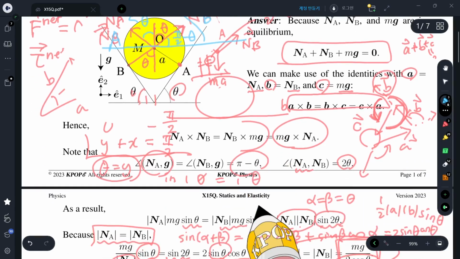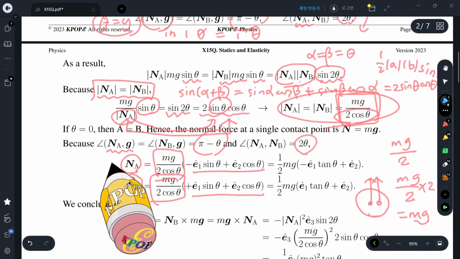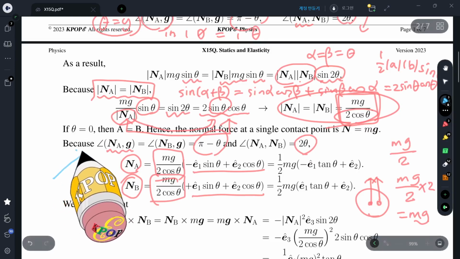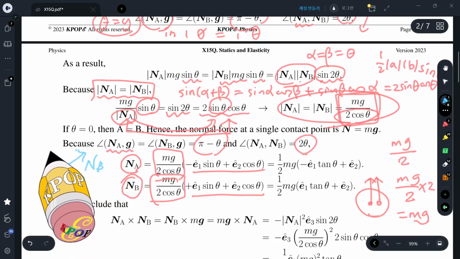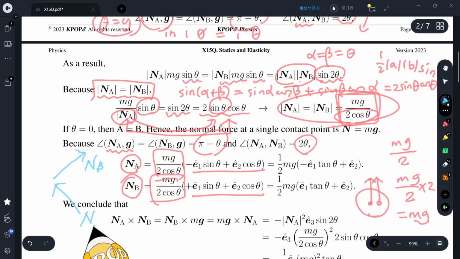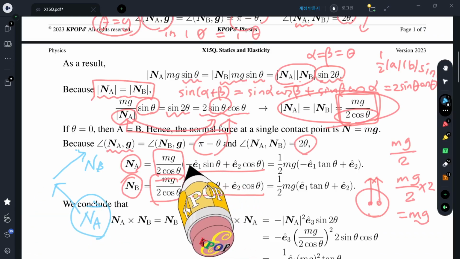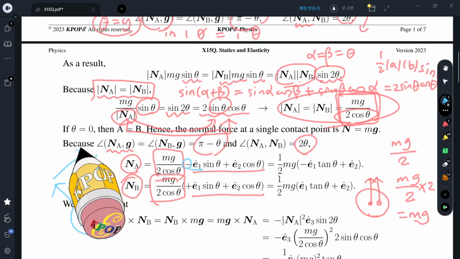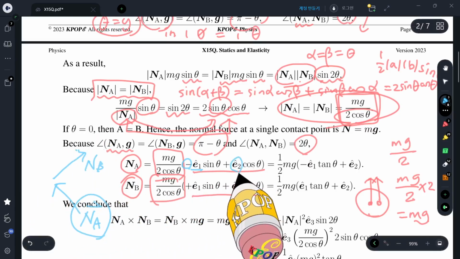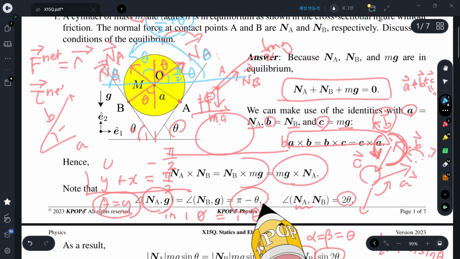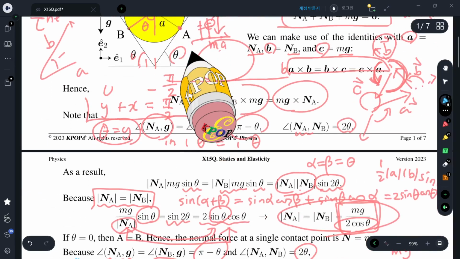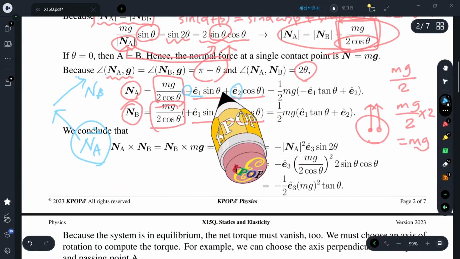Okay, because of that, direction of NA, this direction of NB, and this is the direction of NA. Direction of NA is backward, so a negative sign on the x-axis, and along the z-axis it is positive, and because the angle is 1/2 of pi plus theta, I must exchange cosine and sine.